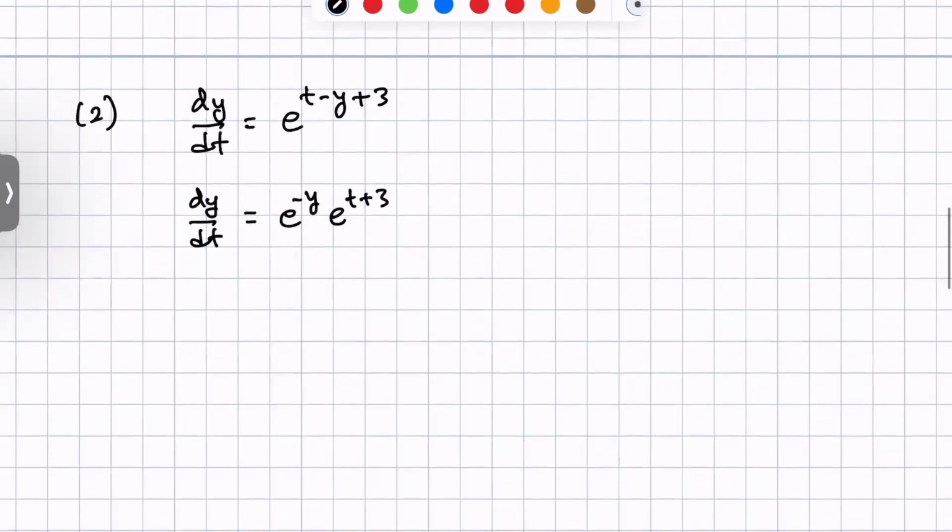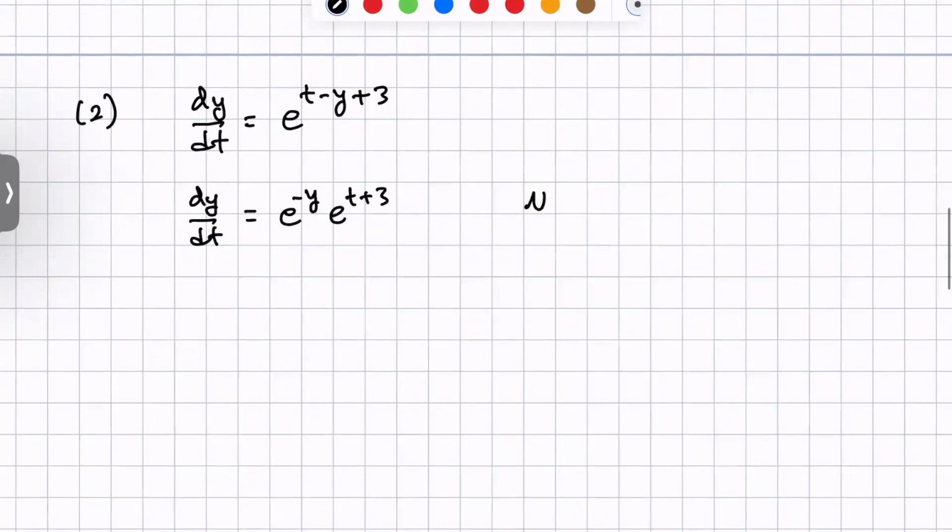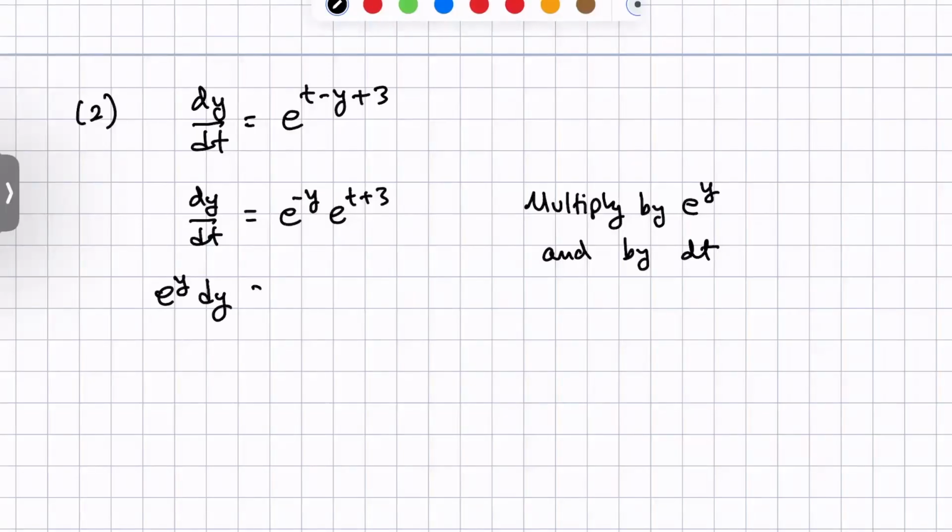The reason that we do this is that we want to separate the y's and the t's. So now let's move all the y's to one side and move all the t's to the other. So multiply both sides by e to the y and by dt. This puts the e to the y on this side and then puts the dt on this side.